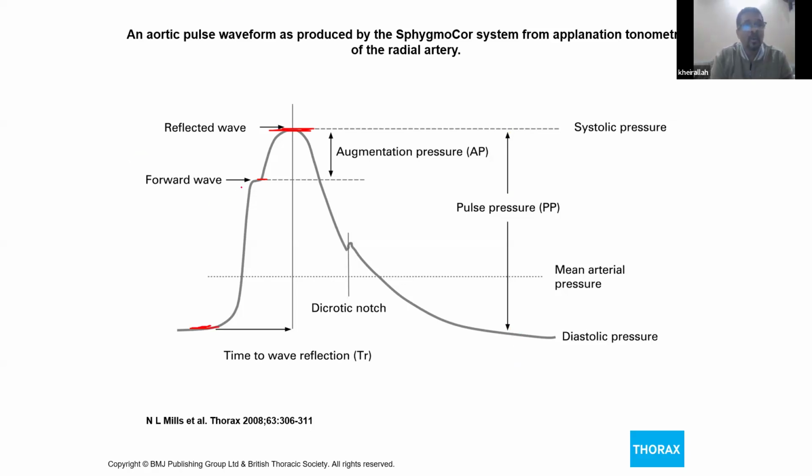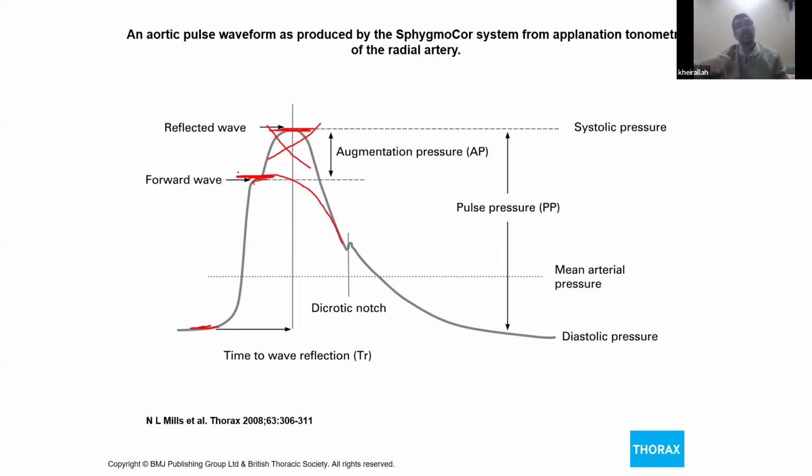So what is this forward wave and reflected wave? As the blood goes through the circulation, there are reflected waves. These reflected waves kind of augment the pressure. So if I cancel this part, what I am supposed to get is a pulse like this. This is what's generated by the LV push.